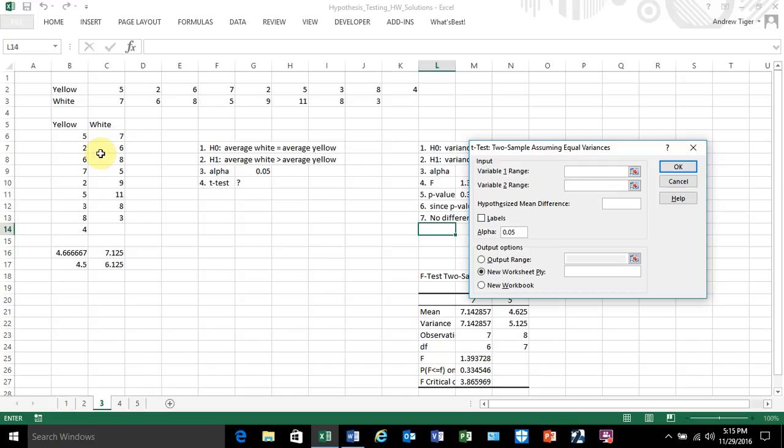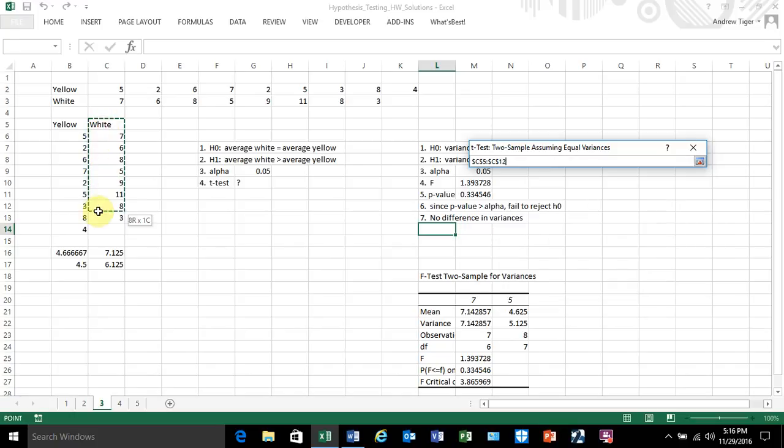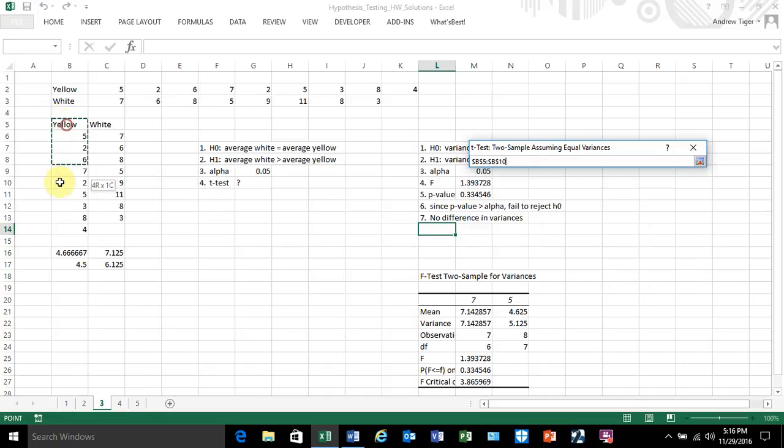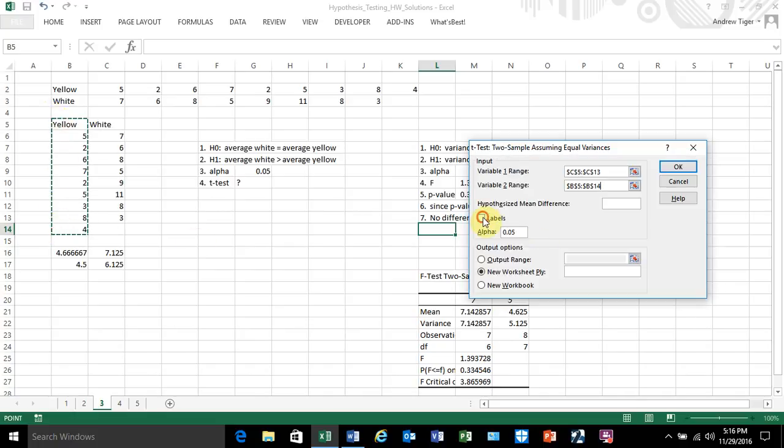I'm going to grab the larger one first. Grab the smaller one second. Labels. I'm going to go ahead and put the output here.